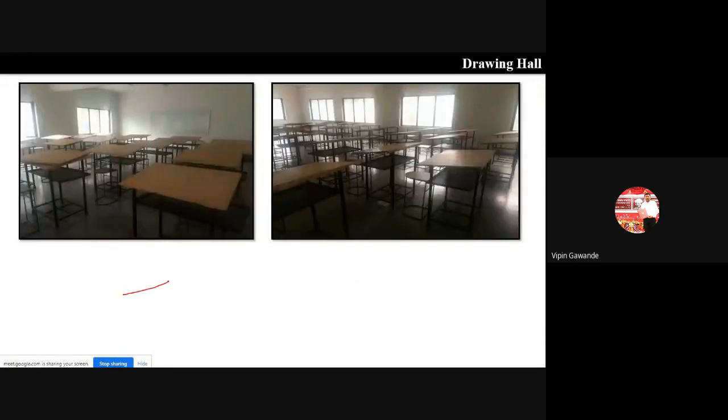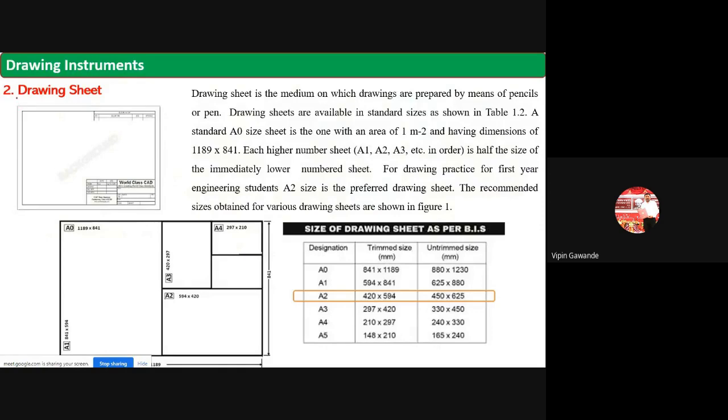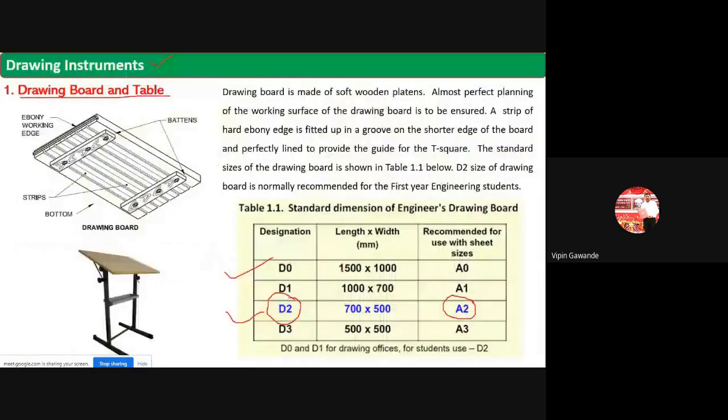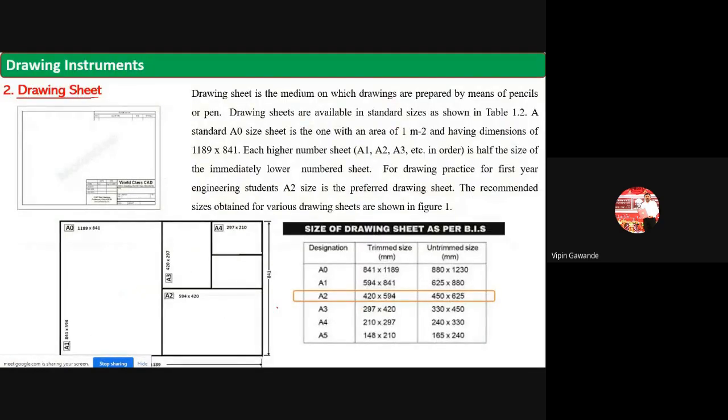This is regarding the drawing board, and this is the drawing sheet. A2 is the preferable drawing sheet, and there are different types of drawing sheets. Now A3 size is smaller. I have told you that you can take A4 size paper also for initial construction if A3 is not available.